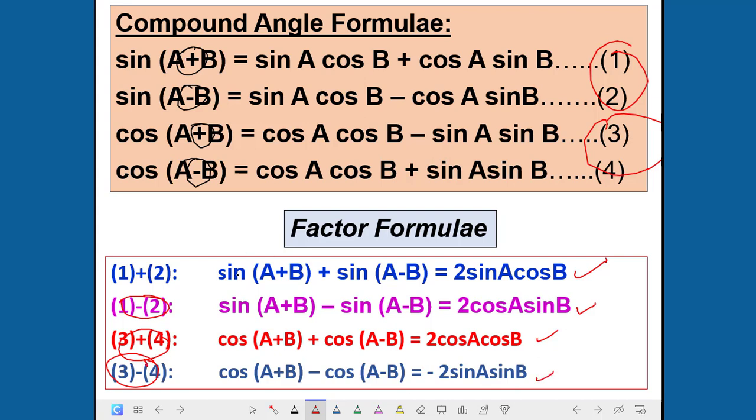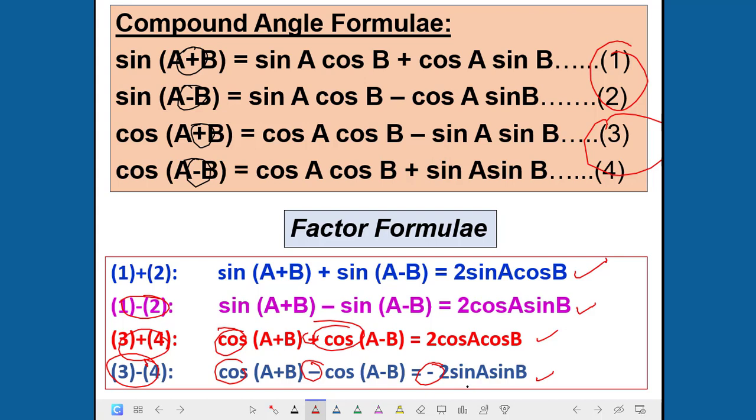So sin(A+B) plus sin(A-B) equals 2 sin A cos B. Sin(A+B) minus sin(A-B) equals 2 cos A sin B. Cos(A+B) plus cos(A-B) equals 2 cos A cos B. Cos(A+B) minus cos(A-B) equals negative 2 sin A sin B.